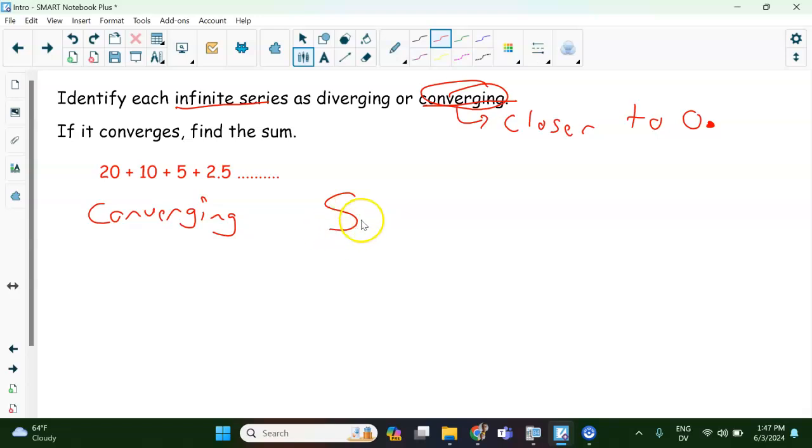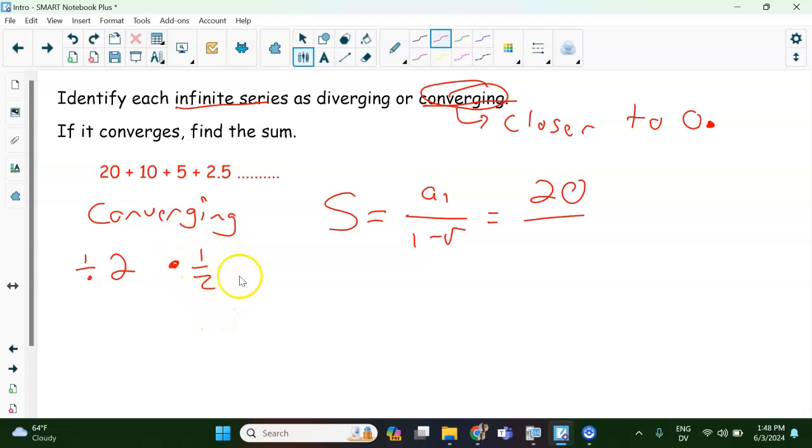And the sum formula for an infinite geometric is that, where a1 is just the 20. And then the r in this case is kind of tricky because this pattern is dividing by 2, but r is the multiply number. So r here is 1/2. Okay, so in our setup, we got to do 1 minus 1/2. And then if you're using a calculator, you got to be really careful.